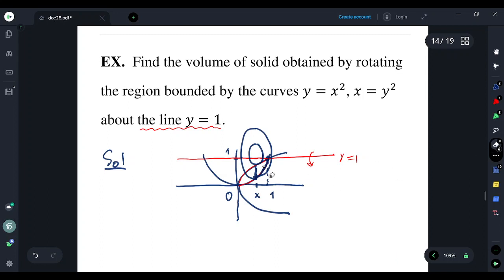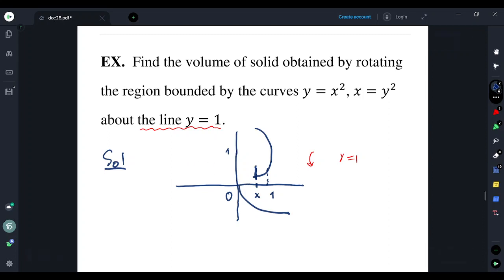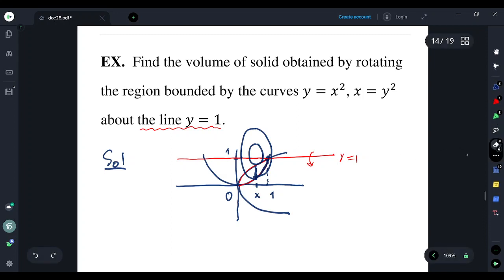Let me erase something a little bit to make it more clearly seen. Okay, so the small r is here.